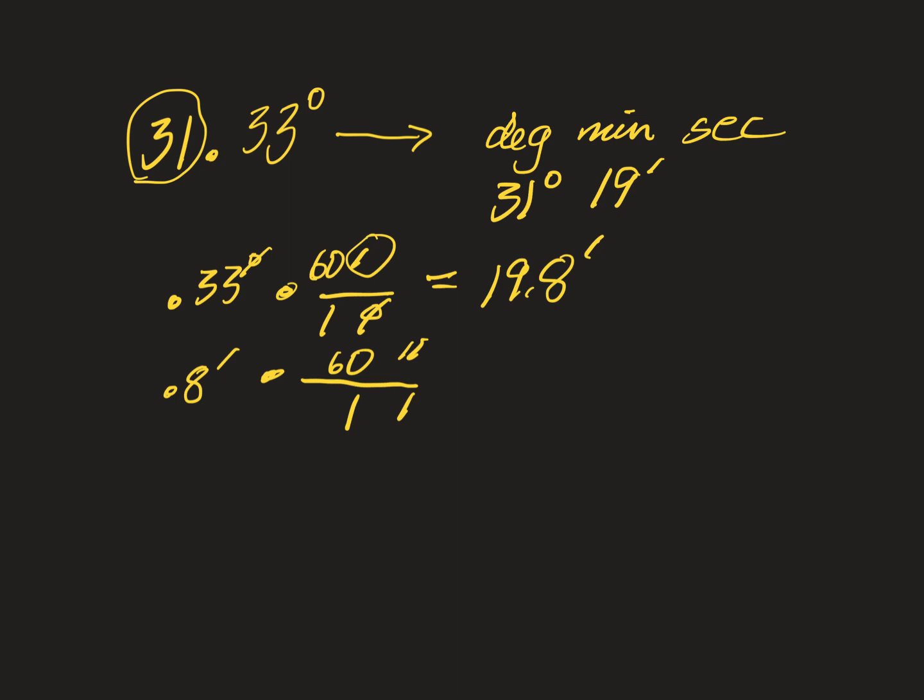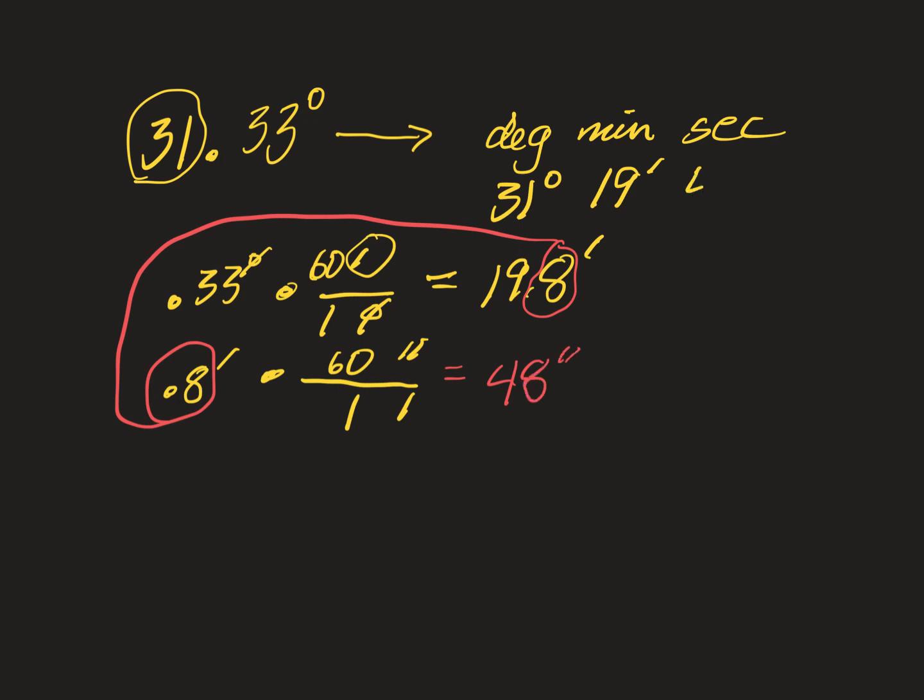So you take your leftover decimal, and that leftover decimal gets multiplied by 60 again to convert it to seconds. And so 0.8 times 60 is equal to 48 seconds. Our final answer will be 31 degrees, 19 minutes, 48 seconds.